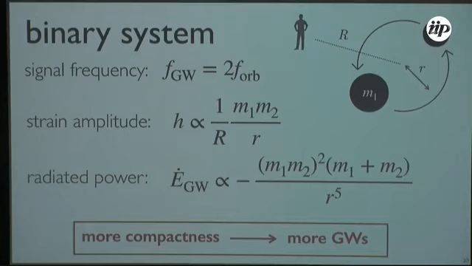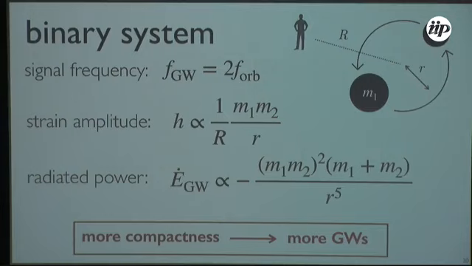If you have two masses very far away and they are aligned, it will look the same no matter which one is in front of the other. So from the quadrupole radiation, you get a gravitational wave at twice the orbital frequency. Then the strain amplitude will go like something proportional to the masses, inversely proportional to the distance to the source, and inversely proportional to the radius between them.